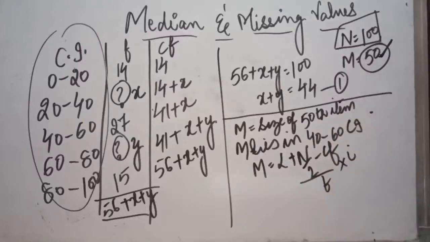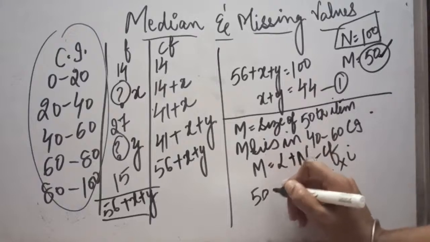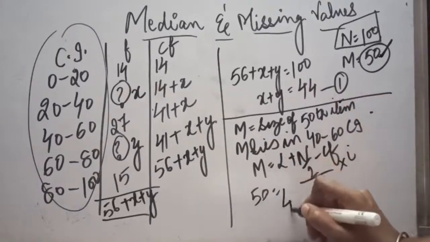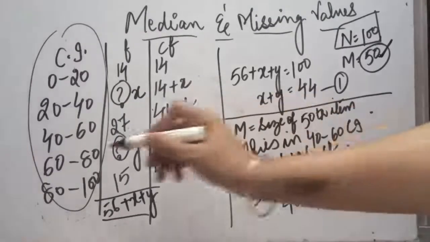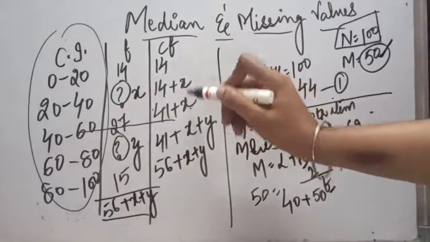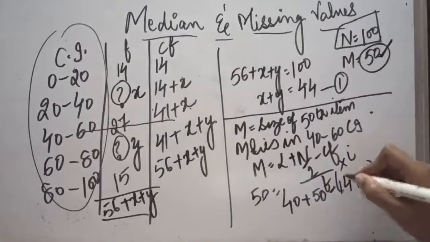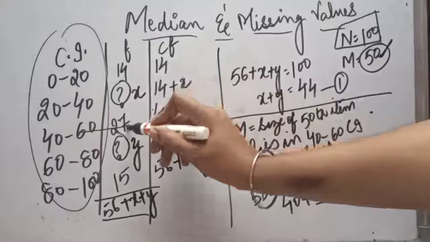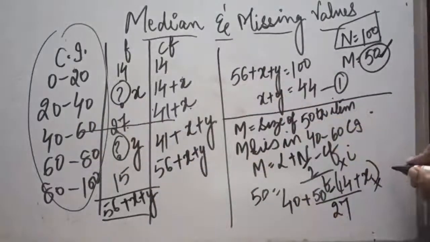So now let us put these values. Median has been given, so put 50 over here. The lower limit is 40, since it lies in the 40 to 60 class interval. n by 2 is 50, minus the cumulative frequency of the preceding class, that is 14 plus x, divided by f, that is 27, into i, the difference of class intervals, that is 20.